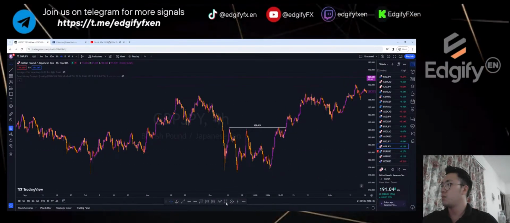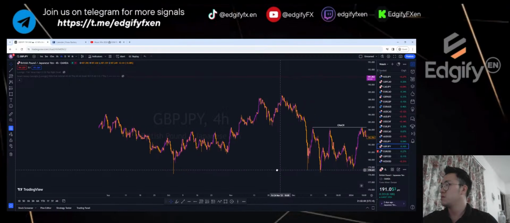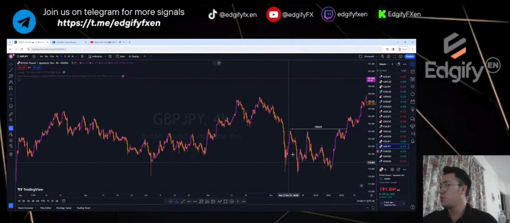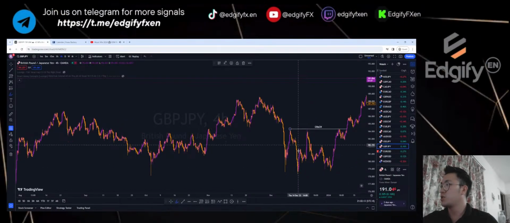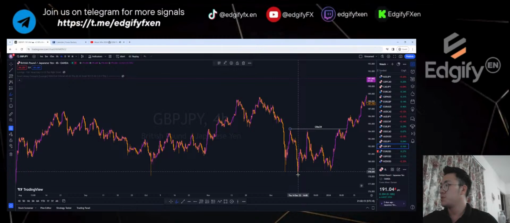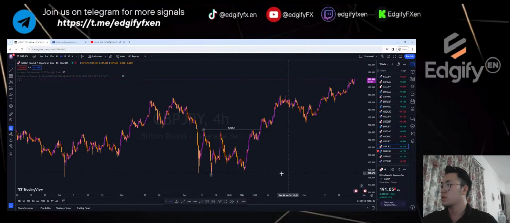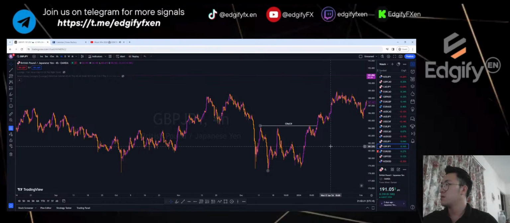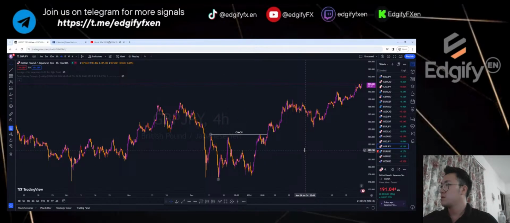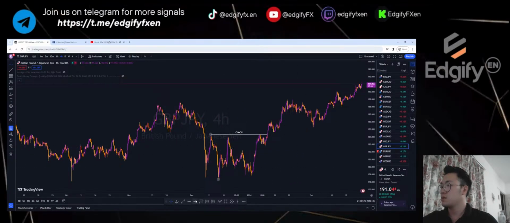This will be where I'm looking at this level. But I'll be marking out my zone first before actually taking any position. Did not come back.